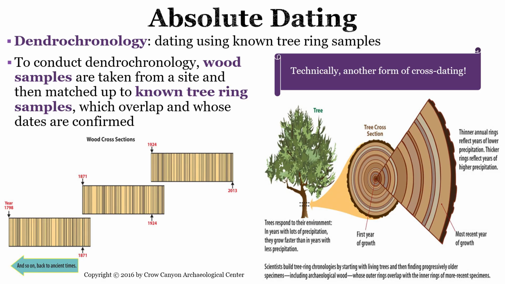So to do dendrochronology, we take samples of wood wherever we can find them at a site, and then we match them up to known tree ring data. And these samples themselves are going to overlap, and this will help us lock in the date. Now, this only works, as you might be thinking, on sites where we have wood.